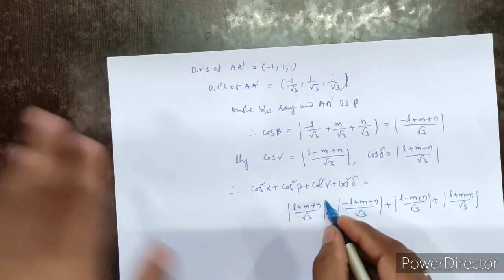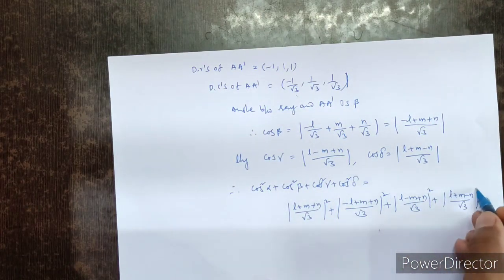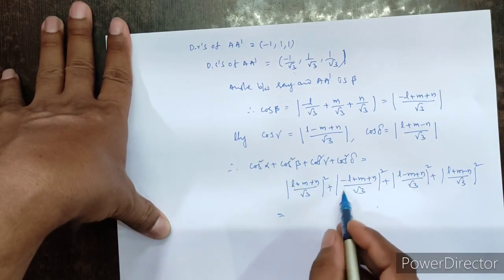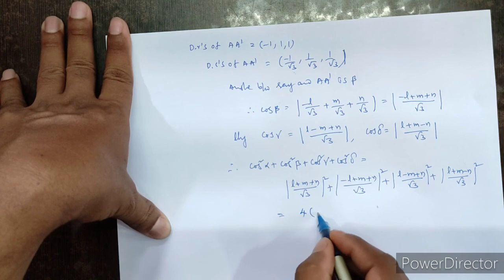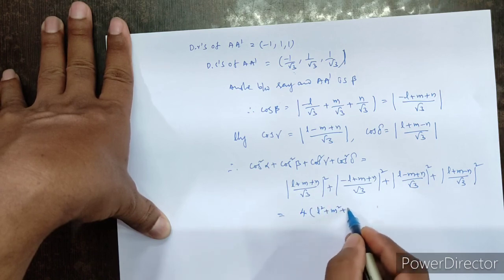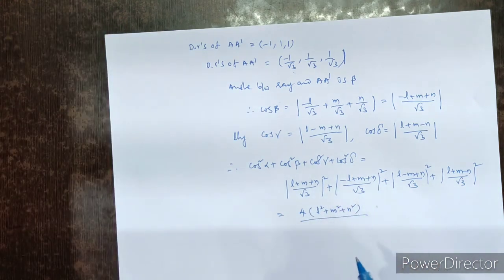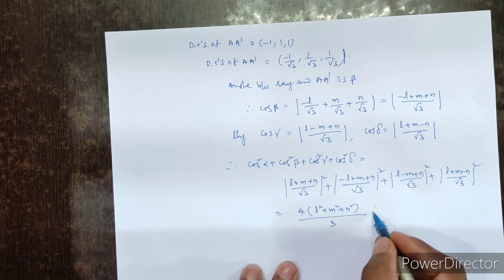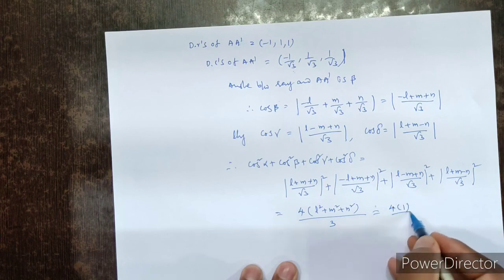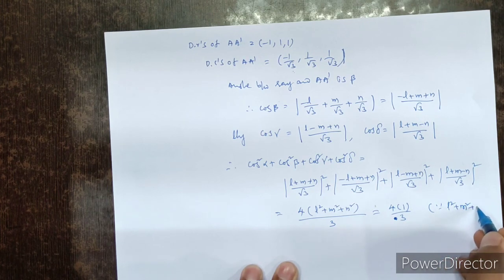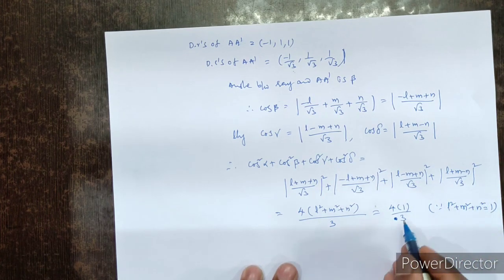By simplifying this, we will get 4 of L square plus m square plus n square by, root 3 whole square is nothing but 3. So 4 of 1 by 3. Since we know L square plus m square plus n square equal to 1, so 4 into 1 by 3, that is 4 by 3.